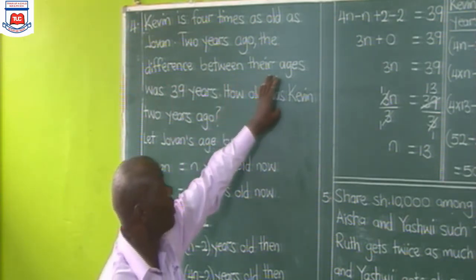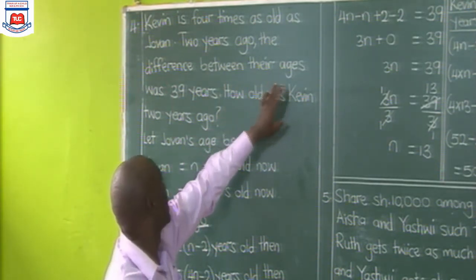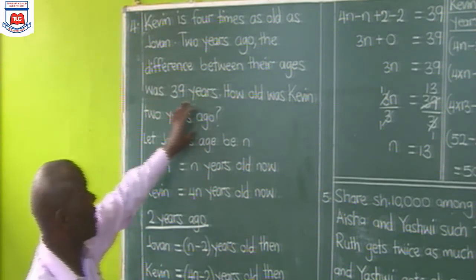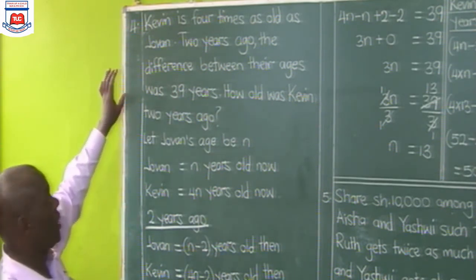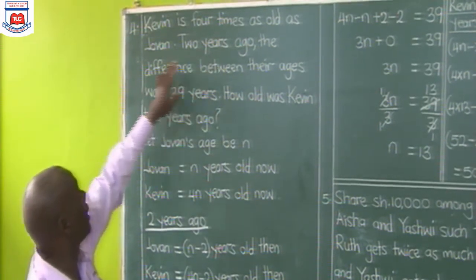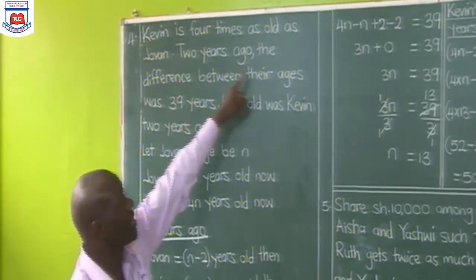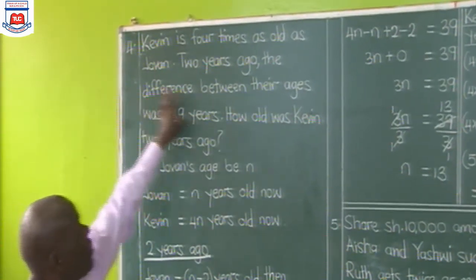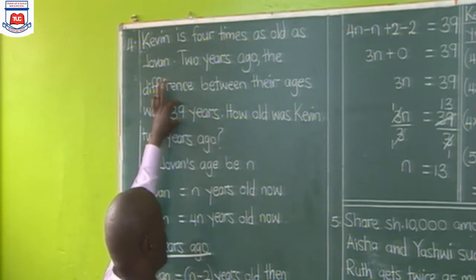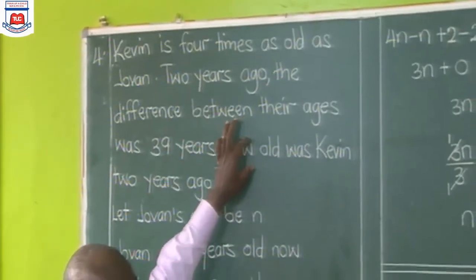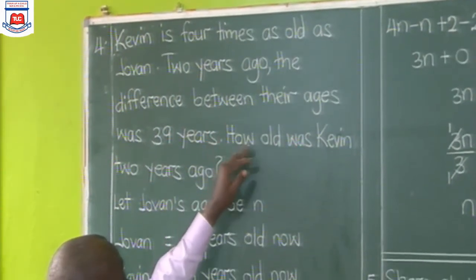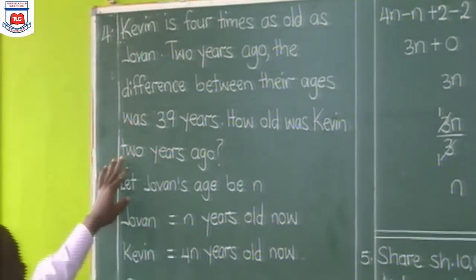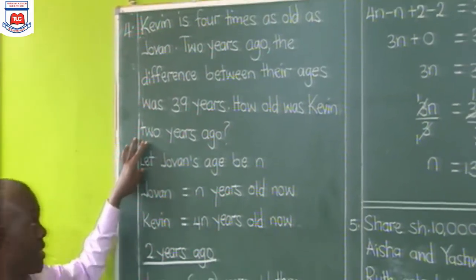How old was Kevin 2 years ago? It reads, Kevin is 4 times as old as Giovanni. 2 years ago, the difference between their ages was 39 years. The main question states, how old was Kevin 2 years ago?